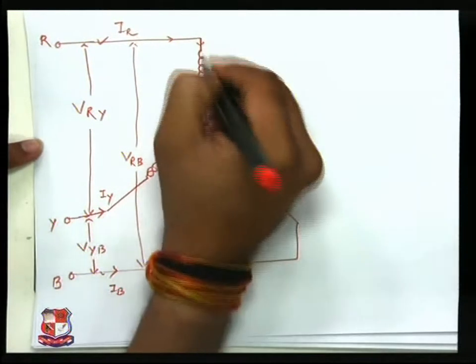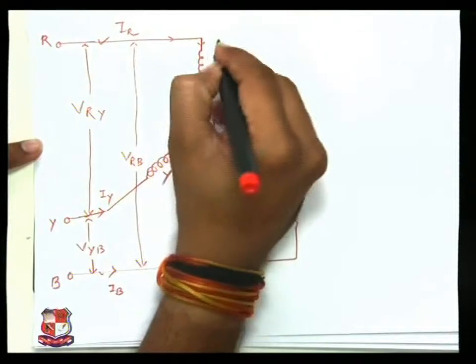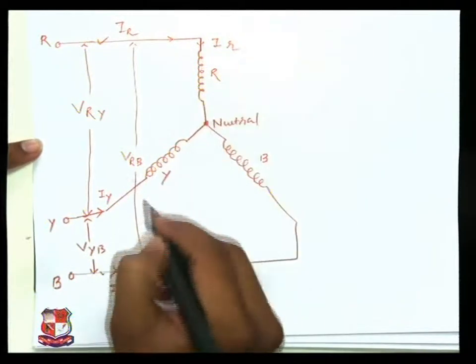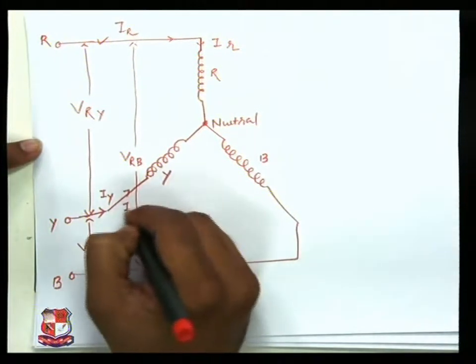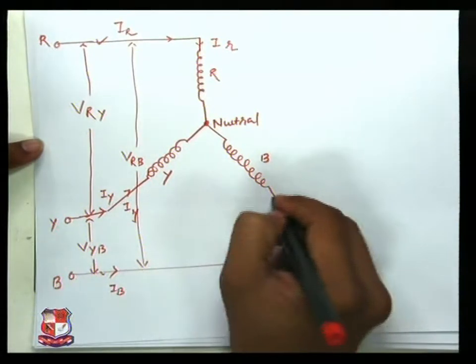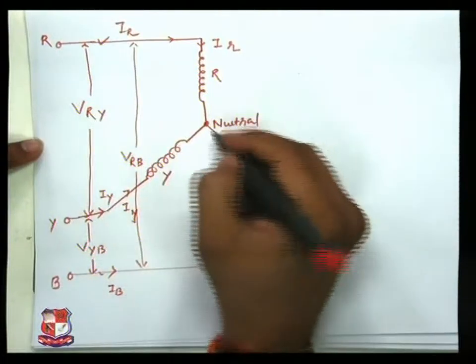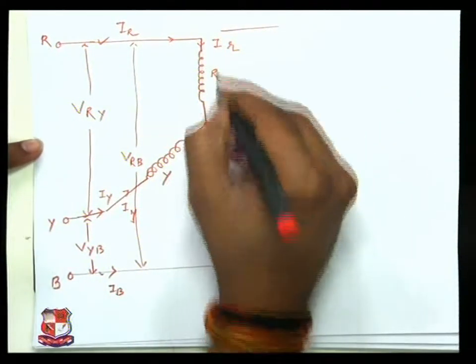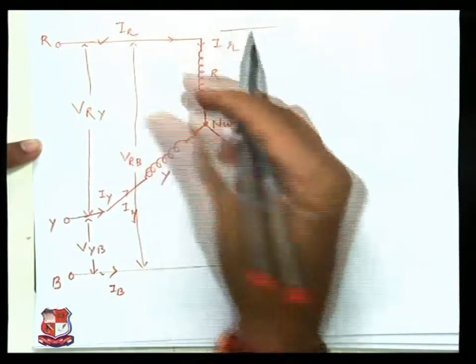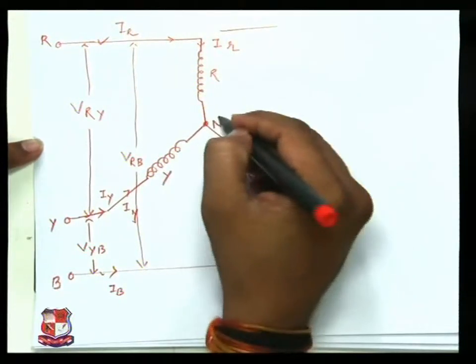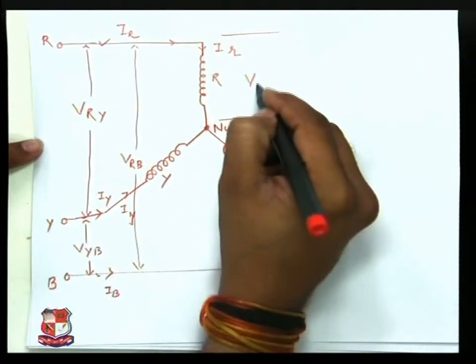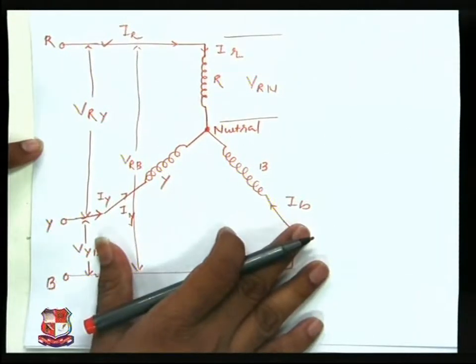The current flowing in each phase is known as the phase current: IR, IY and IB. The voltage between any winding and the neutral, say R and neutral N, is VRN, the phase voltage.